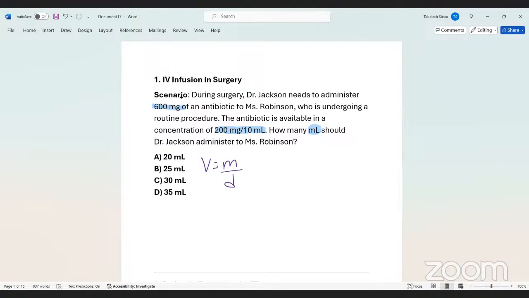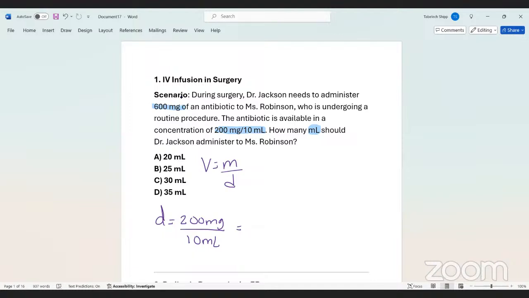Okay, gotcha. All right. So whenever you're given a mass and a density, volume is on the very bottom, and what you want to do is take that density value. The reason I say density is that even though they said the concentration is 200 milligrams per 10 milliliters, you still need to know that that is a density unit in and of itself.